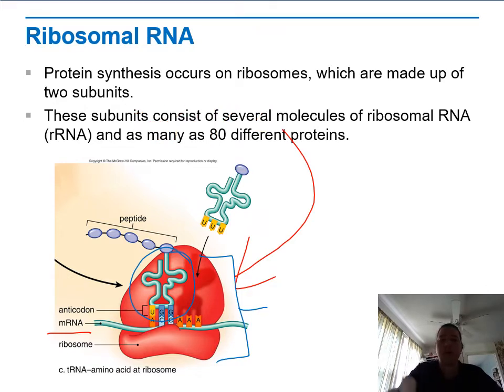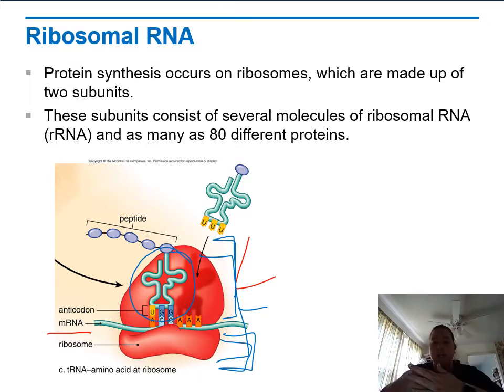There are generally 2 subunits in the ribosomal RNA. You can see the large subunit, which is the top portion here, and then the smaller subunit, which is the bottom portion here. That's what's coming together to create a sandwich for the mRNA to work in.